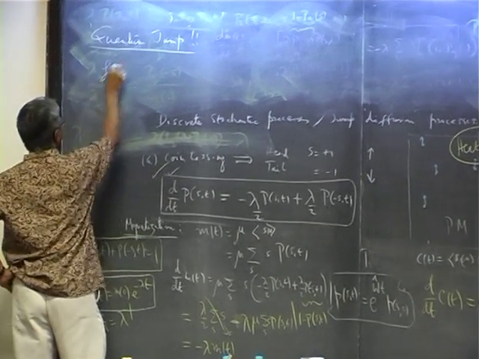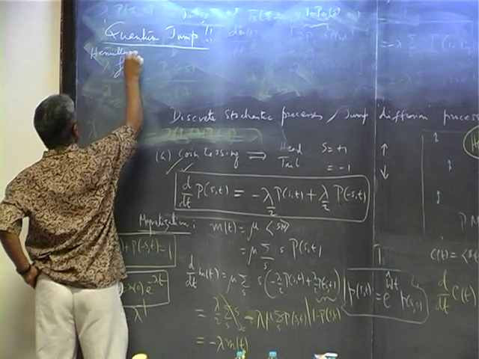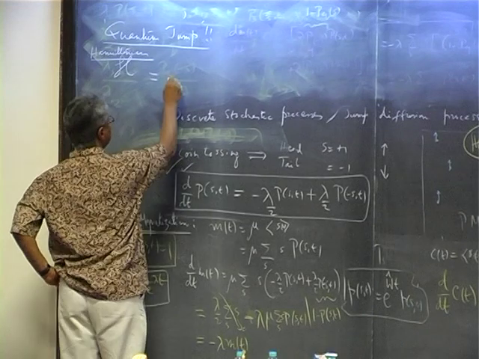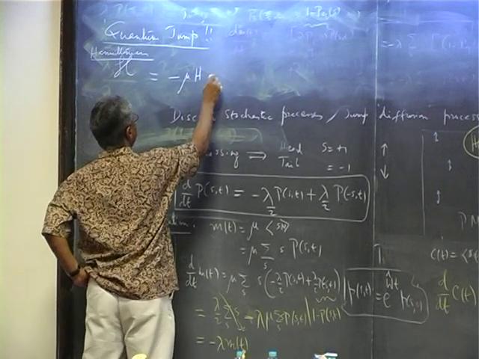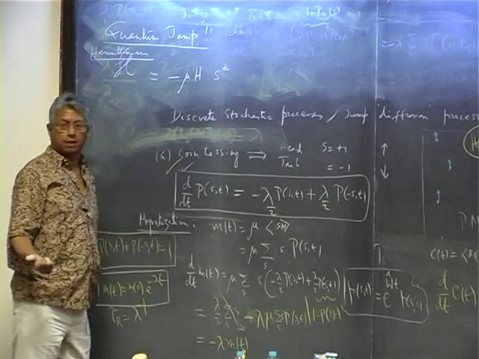Start writing a Hamiltonian, which in this case has a minus mu times h, and you had an Sz term, right? For a single spin.